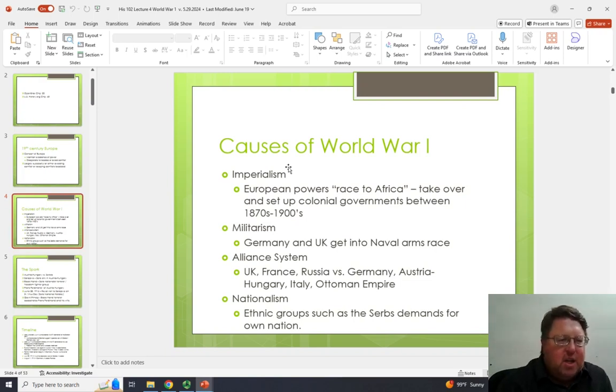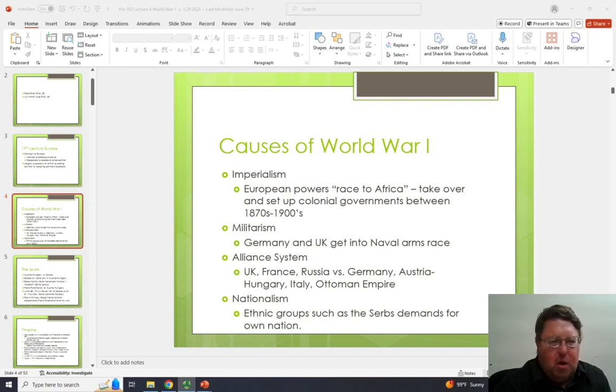Europe is divided up into teams again, with the UK, the British, French, and Russians on one side, Germany, Austria-Hungary, and the Ottoman Empire on the other. And so in the summer before war breaks out, you have this alliance system getting into high gear, right?